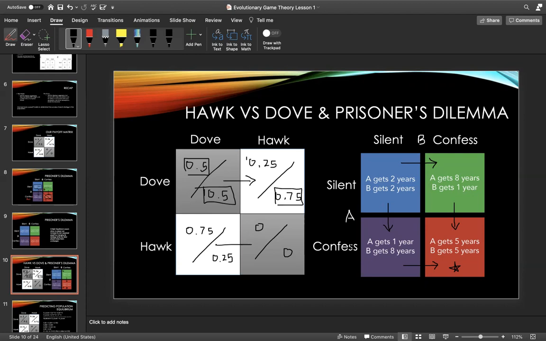What happens is it's in your best interest to play dove, which seems interesting at first glance. You might never have thought you would ever want to play dove, a more passive strategy. But it turns out that sometimes retreating from a fight over a resource is better than getting injured. And that's the logic behind playing dove, even when the other person plays a more aggressive strategy.